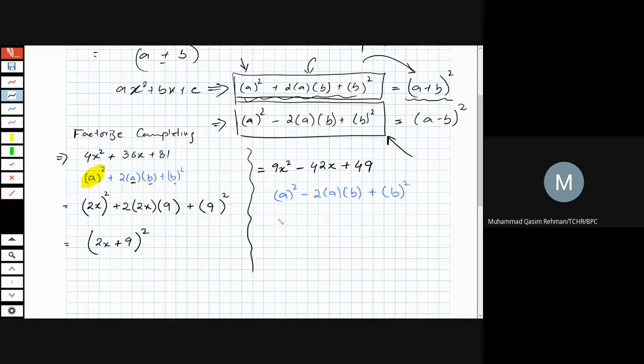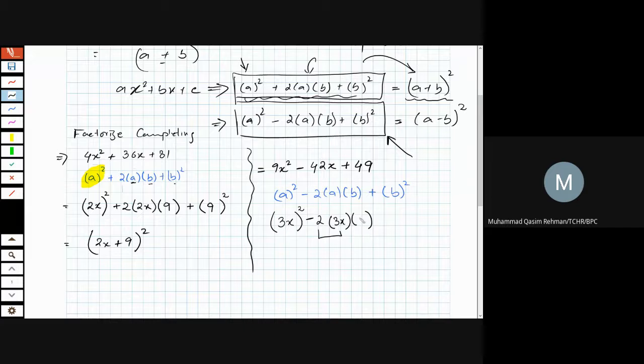Okay, now the first one, 9 is a square of 3 and x squared is a square of x. So I can rewrite it as 3x whole squared. I will clearly make sure that I do not change the values. Now minus. Now I have 2 in the model, so definitely I can't get rid of it. So I have to put down 2 times a. A in this case is the one inside the square brackets, which is 3x. Now I need b. Now 2 times 3 is 6.